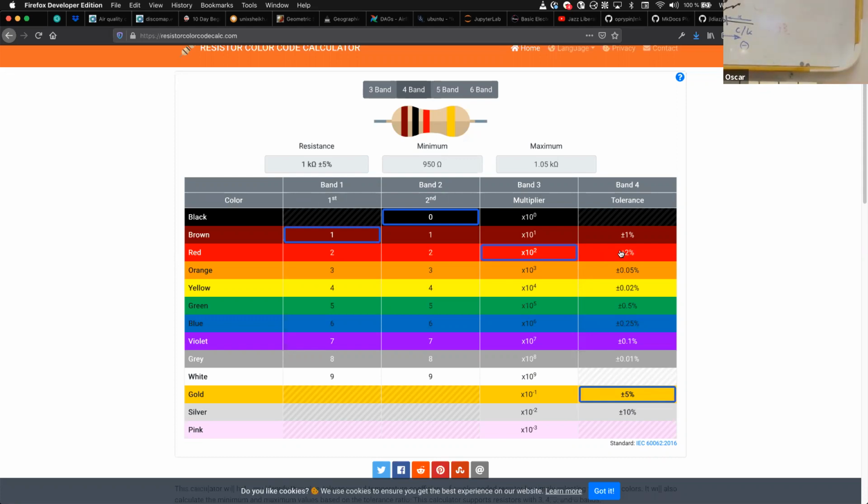This is the positive. Then you connect another one to ground. Maybe there is a switch. We put them on the same line, let's say.